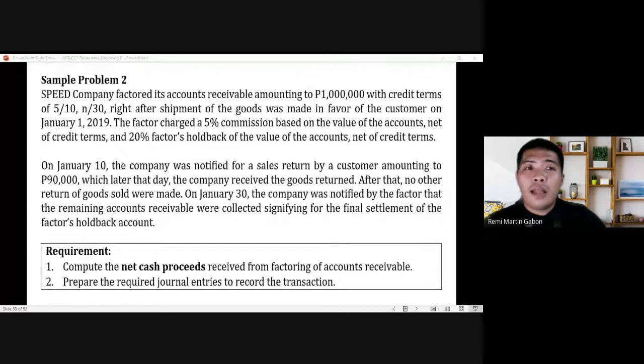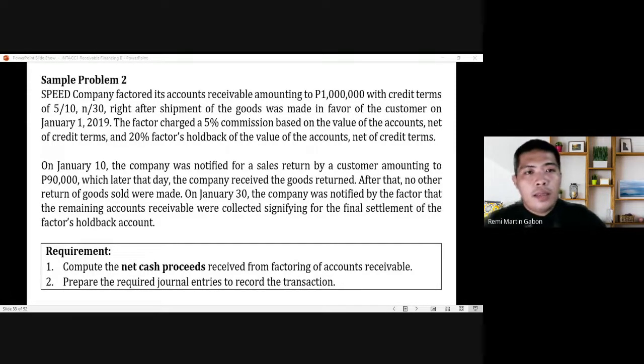That's the thing that the factor is trying to avoid. That is why there is setting up of factors holdback account, or sometimes receivable from factor. Yun yung purpose ng factors holdback as buffer of sales return and other loss for uncollectibility. Okay?